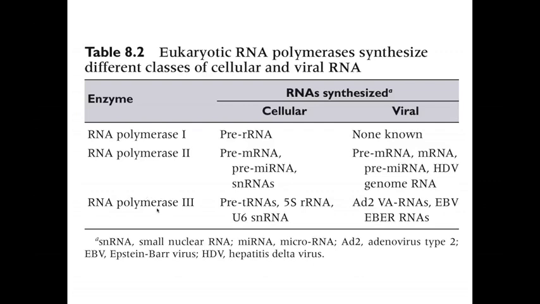And finally, RNA polymerase 3 is responsible for the synthesis of pre-tRNAs, 5S ribosomal RNA, and a small nuclear RNA called U6. And it's also responsible for the production of the VA RNAs of adenovirus and the EBER RNAs of Epstein-Barr viruses. But as I said, we'll mainly talk about Pol 2 today.